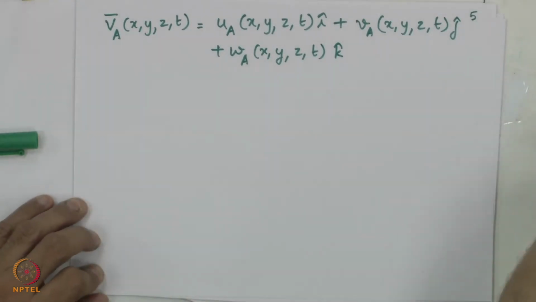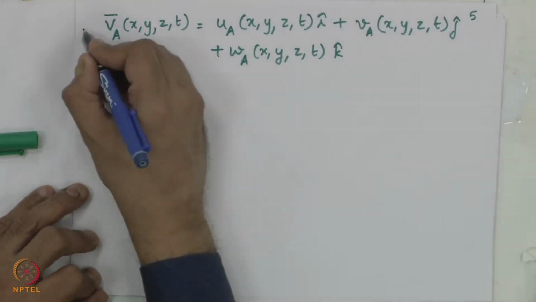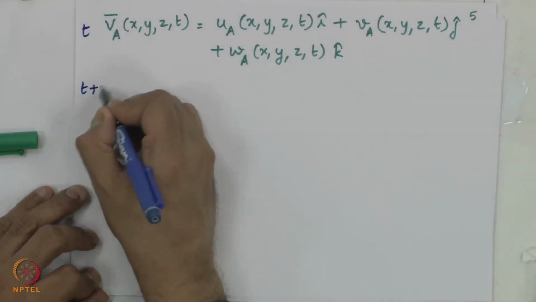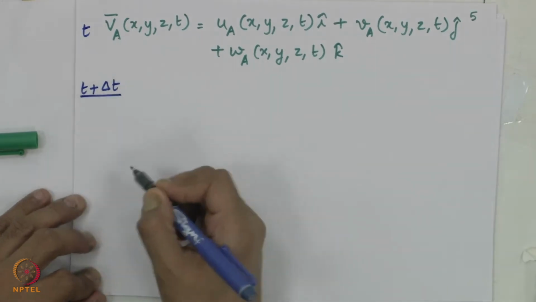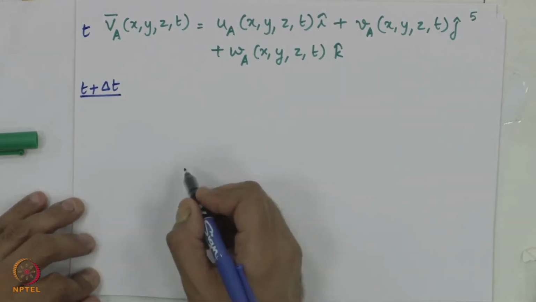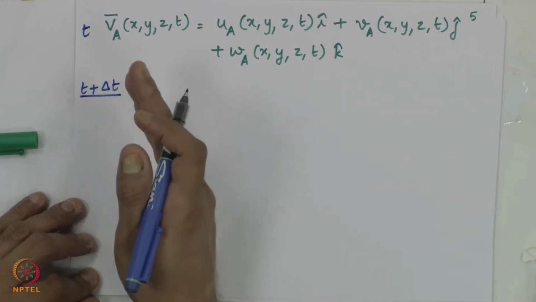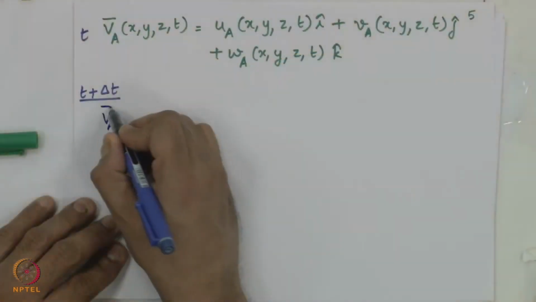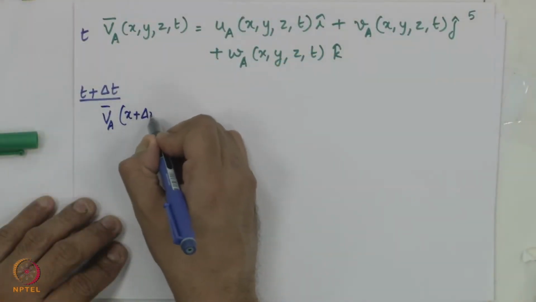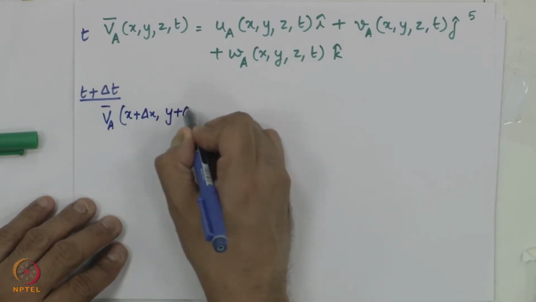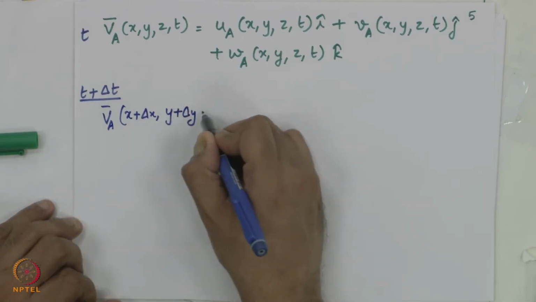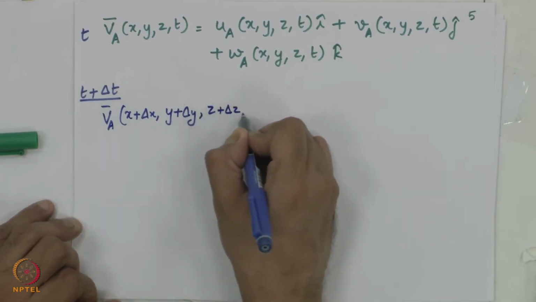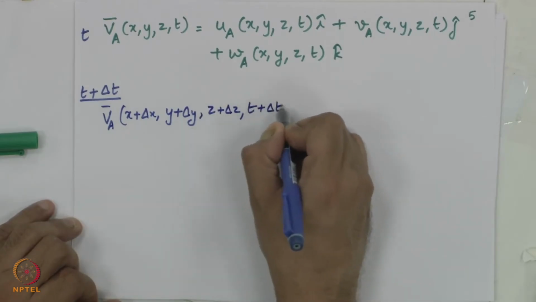Now, this is at time t. At time t plus delta t, it has moved from x to x plus delta x. Delta x could be 0 for all you care, but in general VA would now be at x plus delta x, y plus delta y (this could be negative also), z plus delta z, t plus delta t.